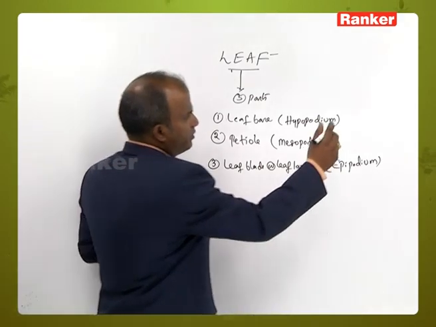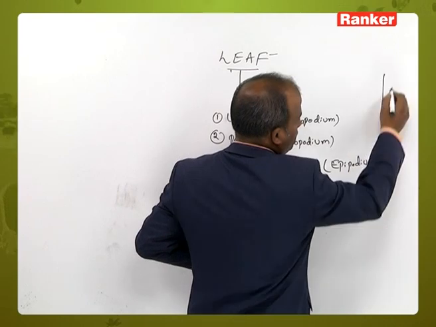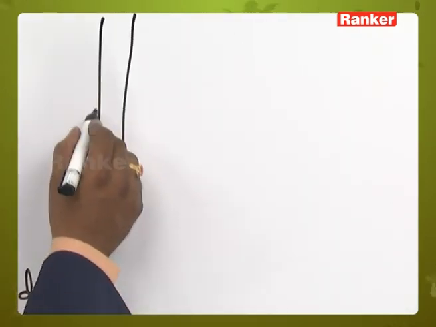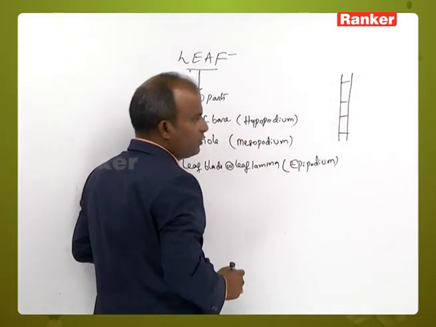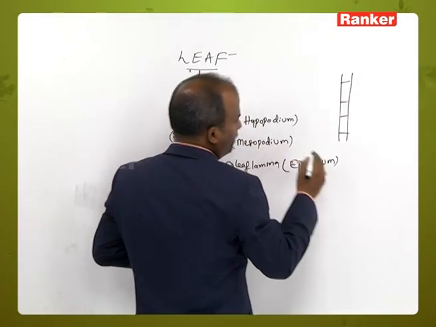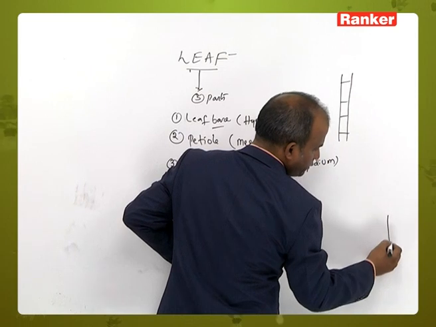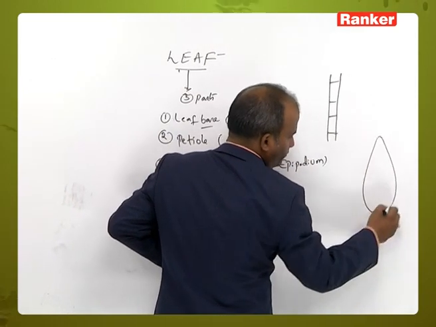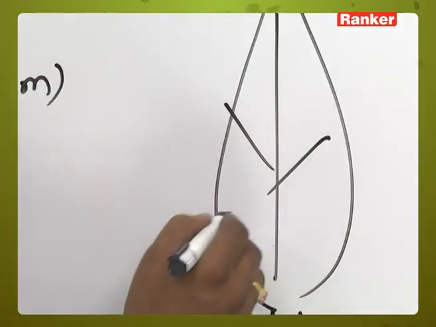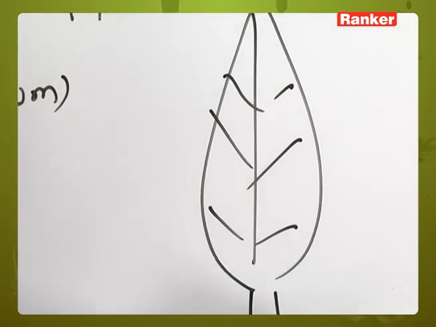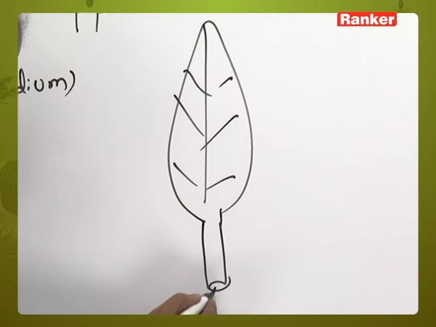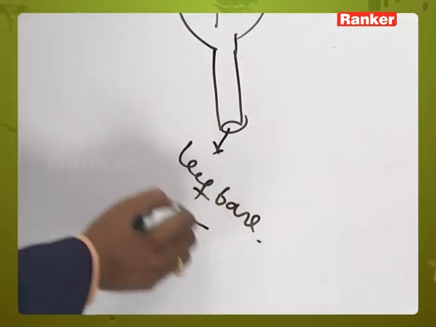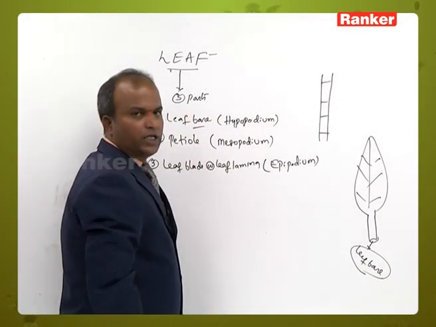Think this one is the stem, which is differentiated into nodes and internodes. Think this one is the leaf. The basal portion of the leaf is called the leaf base.